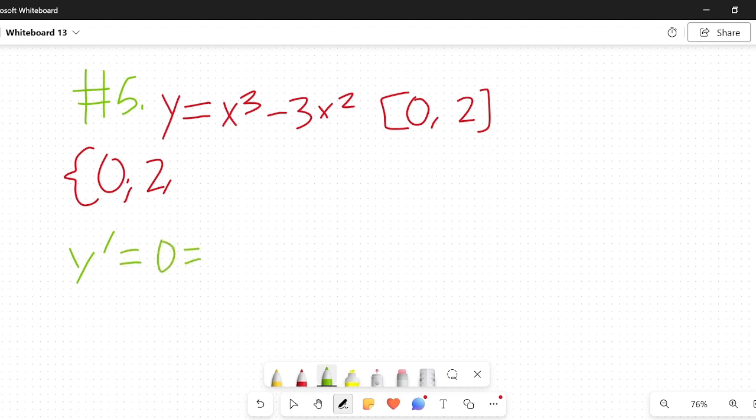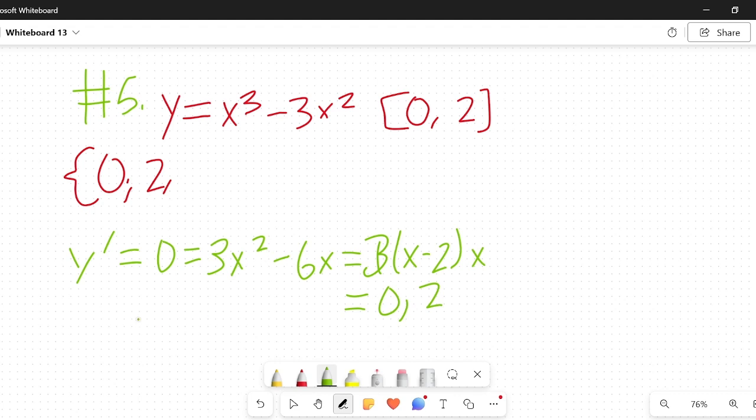If we take the derivative of this, we get 3x squared minus 6x, and of course we can factor this into 3x times x minus 2. So we get once again that the derivative is only 0 at 0 and 2. So in fact, we don't have any new values, so we can just close this, right? These are our only critical numbers.